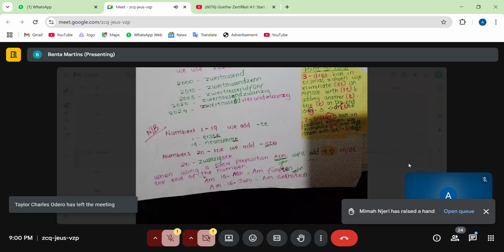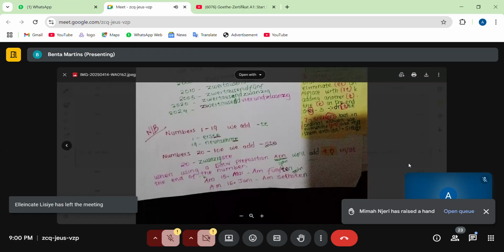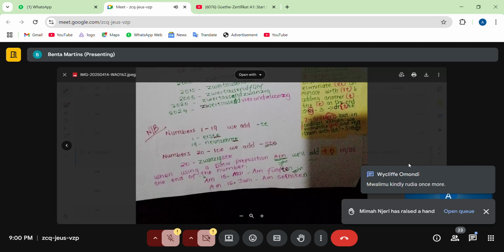Is everyone still here, or are we together? Mima asks: you said that one changes to erste, but what if it's 21? As the rule says, from 20 onward.